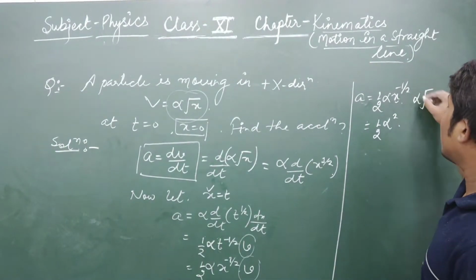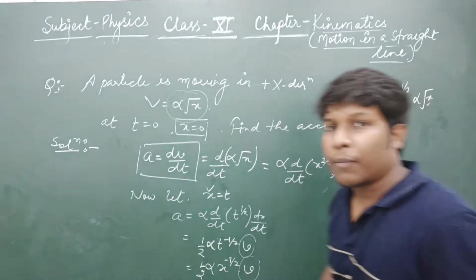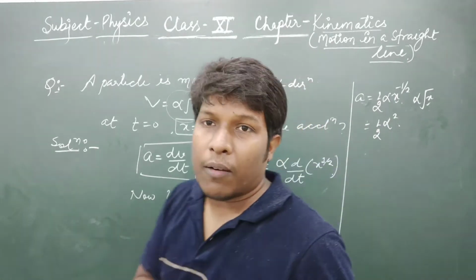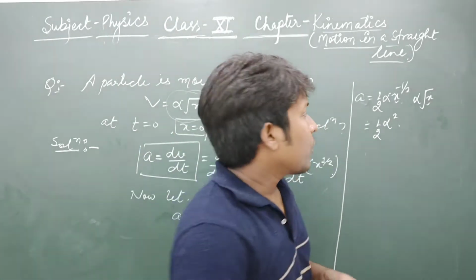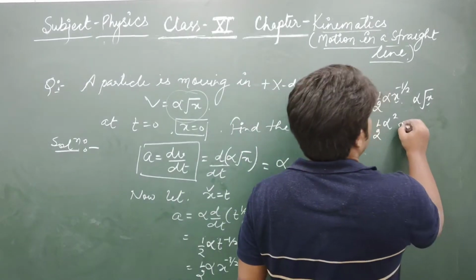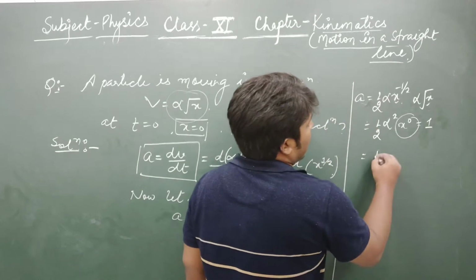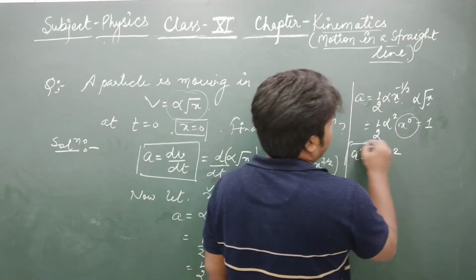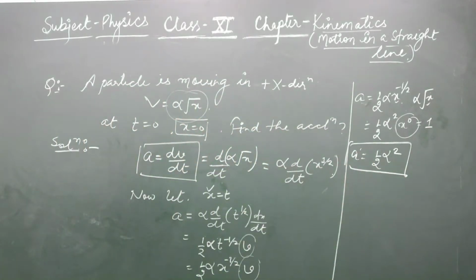Both have the same base x, so the powers will be added up and it will be x raised to the power 0, and any variable with power 0 has value 1. So the acceleration is half alpha square.